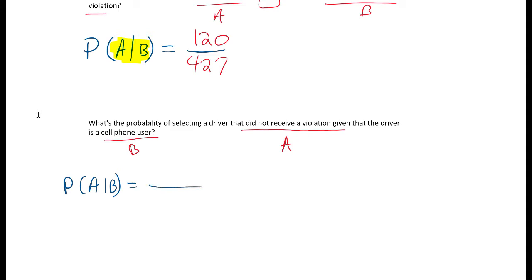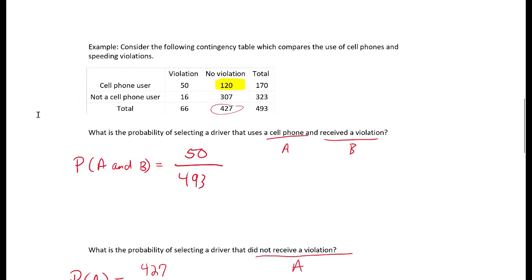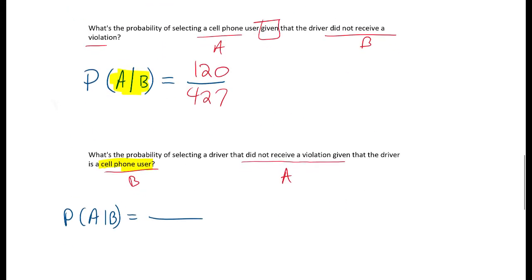Now our denominator this time has to represent the total number of cell phone users. So how many total cell phone users do we have in our table here? We can see that there's 170 total cell phone users. So 170 is our denominator.